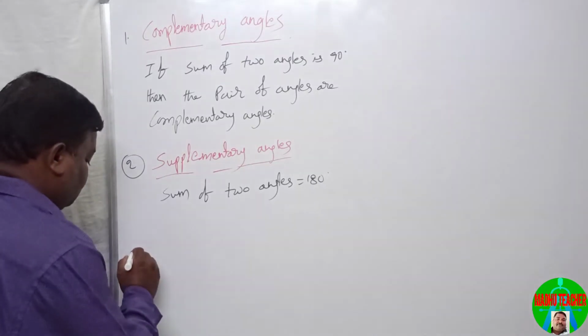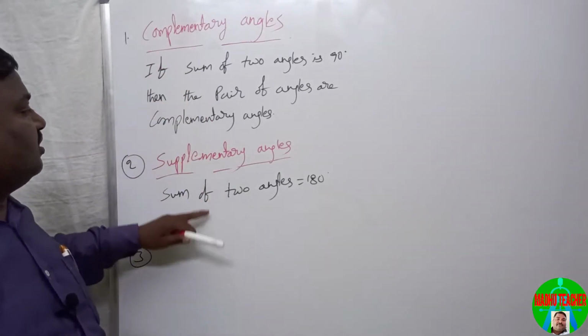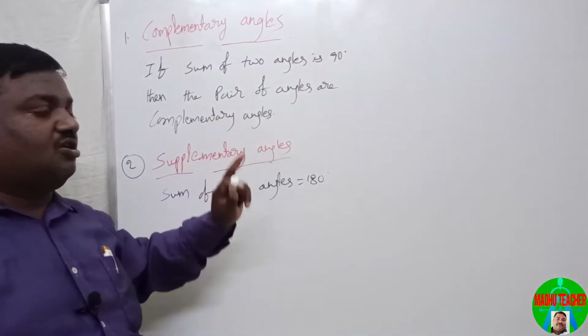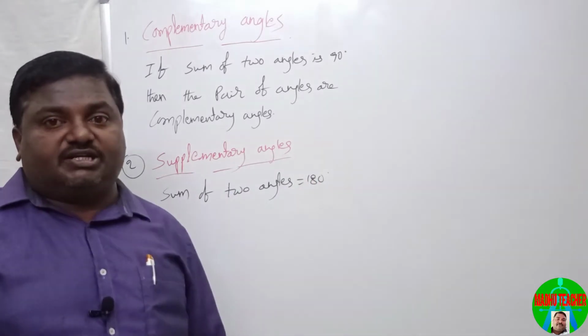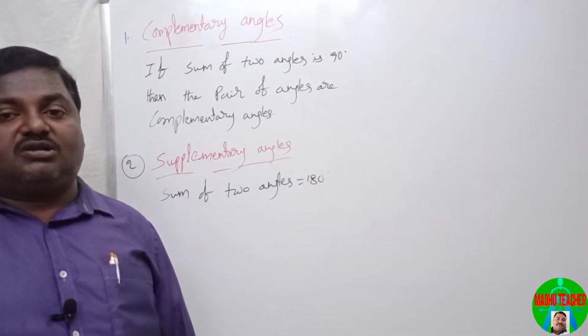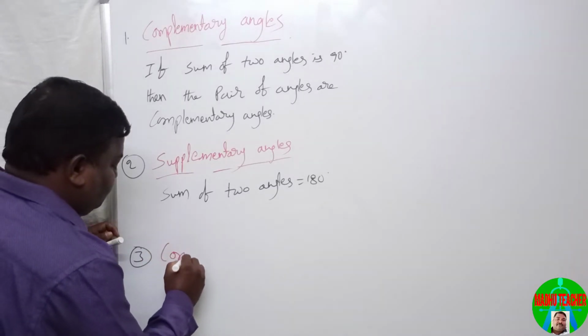Next, the third one. In the first one, the sum of two angles is 90 degrees, then the angles are complementary. The second one, if the sum of two angles is 180 degrees, then the pair of angles are called supplementary angles. This one is conjugate angles.